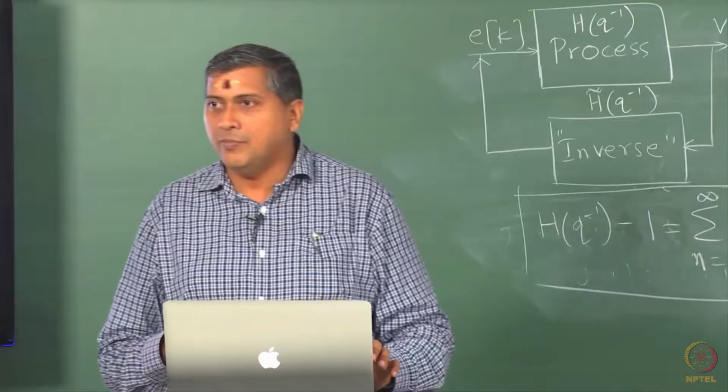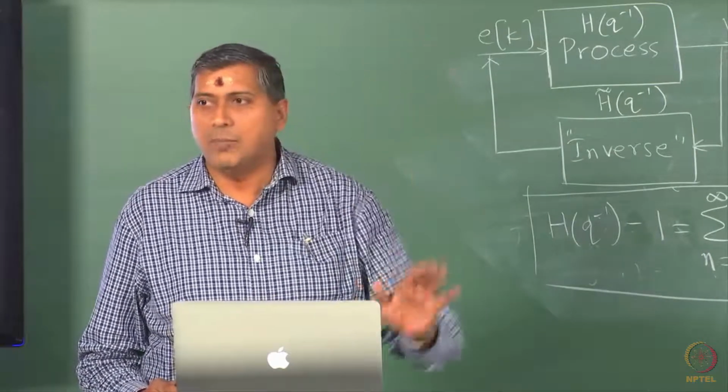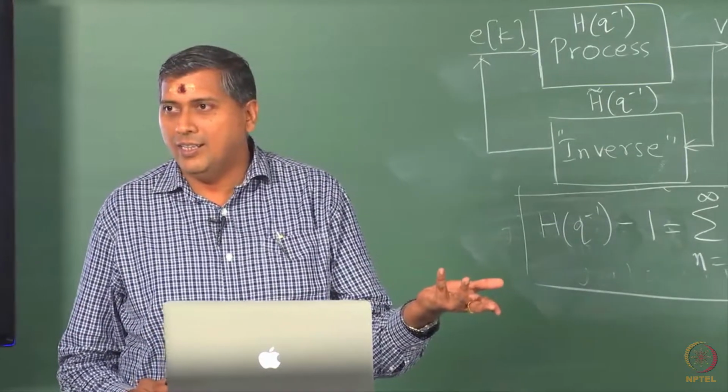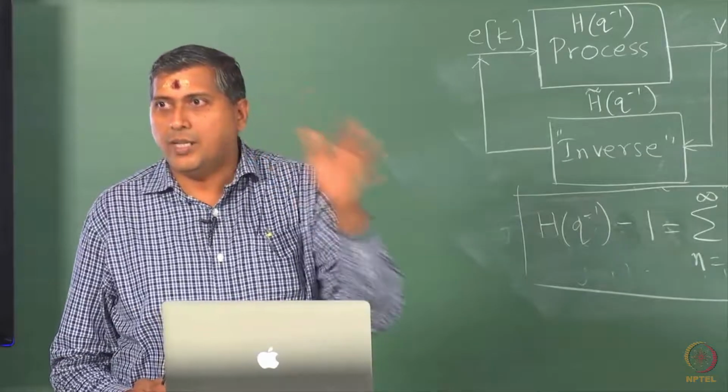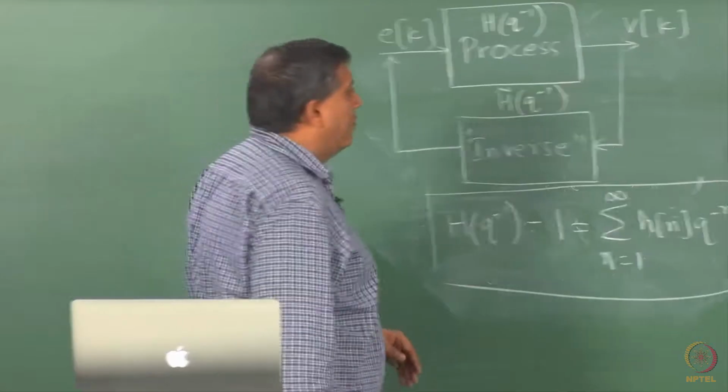The first term that participates is, if at all, Vk minus 1. Maybe that is also not there, depends on the model, but that is the first term you can get at most.